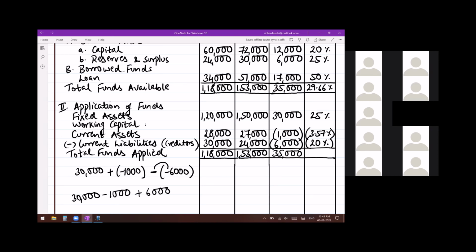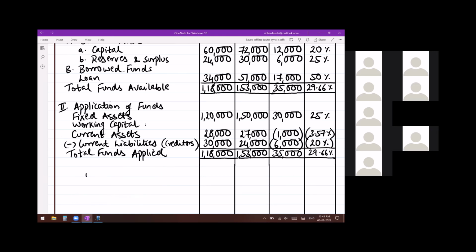Another hint is, I told you, assets and liabilities, the value should be same. The way you got the same in 2018 column, 2019 column should be the same even in absolute change column, and will be the same even in the percentage change column. The answer will be the same, that is 29.66%. This is comparative financial statement, out of which we have prepared only the first, that is comparative balance sheet.